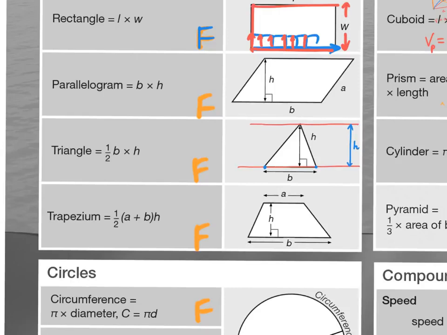Well, that's really key in this situation, because if we had the base times this perpendicular height, then we'd end up with the area of a rectangle. So the area of the rectangle would just be base times height. But we know if we wanted the triangle, we had to halve the area of that rectangle. So remember what we did when we had the rectangle, we just had to halve it to get the area, and that's exactly what's shown on here.